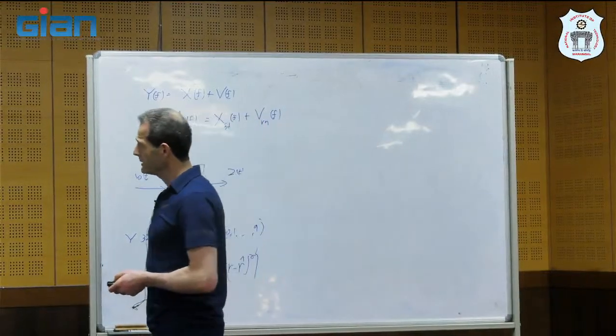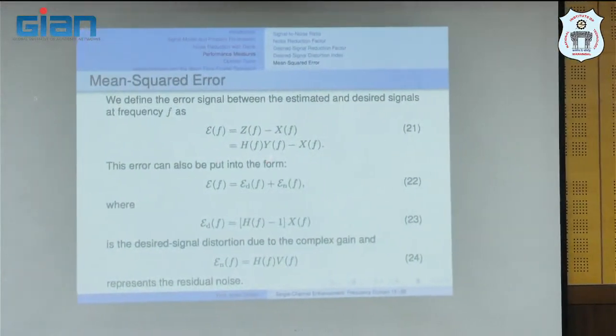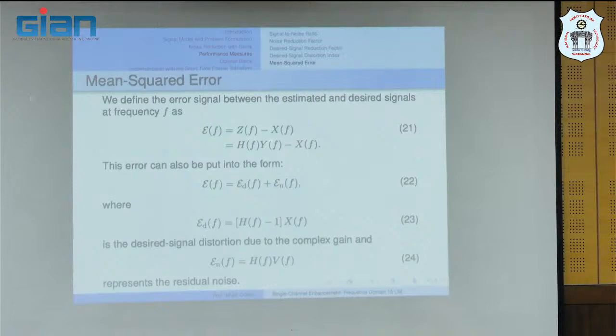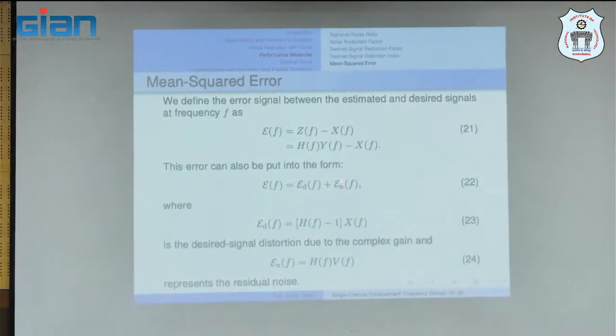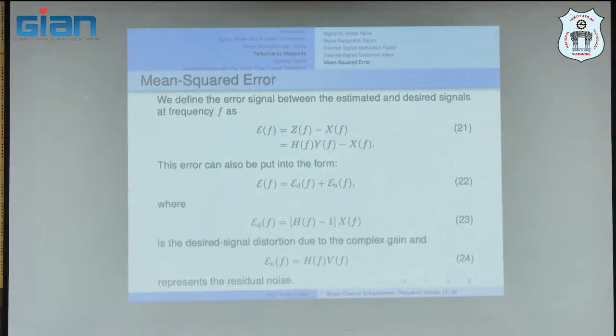So here with the mean squared error, if we define the error between z and x, you see the error is composed of two components: one related to the distortion, and one related to the noise. Because the desired signal and the noise are uncorrelated, this is the assumption, that x and v are uncorrelated.